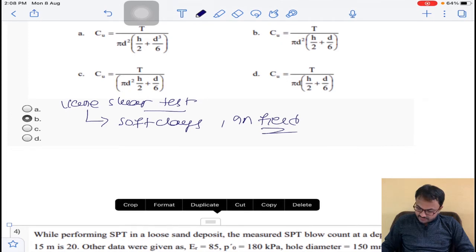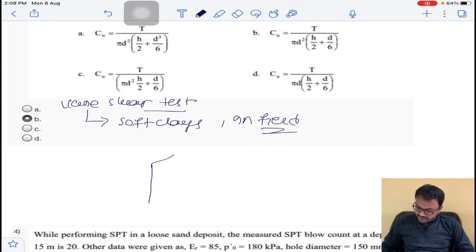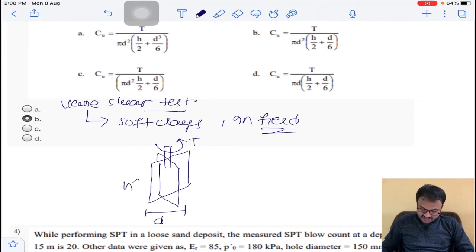In this there are two this type of cylinders. So this type of cylinder, here there is a shaft. To this shaft a torque T will be applied. So here the diameter will be D and height will be H. Based on this, undrained shear strength Cu is equal to T divided by pi D square (H by 2 plus D by 6), one formula.